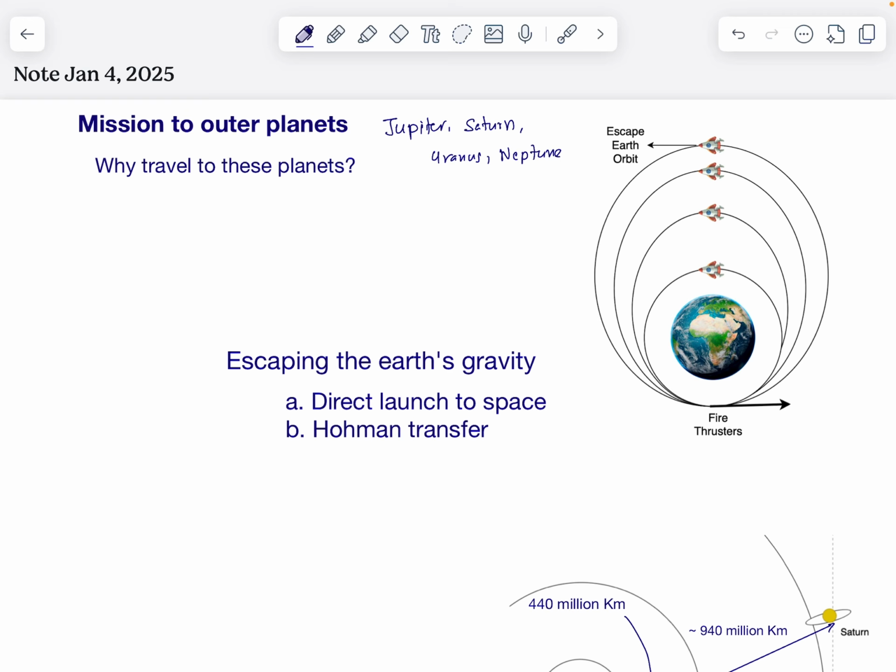The one thing is that we want to search for precursors of life, things like water, things like sulfur, etc. Search for the presence of a magnetic field on these planets and the causes of this magnetic field, whether we have oxygen available, and things like that.